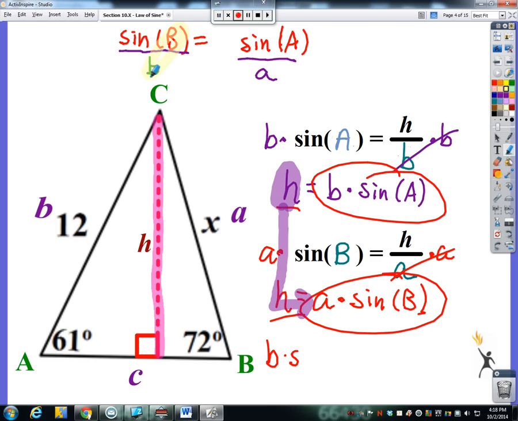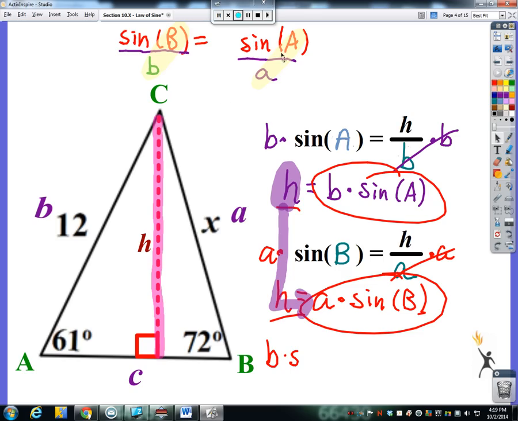Well, look, I've got angle B with side B on the same side of the equation, and I have angle A with side A on the same side of the equation. So here is really the law of sines. It's the sine of an angle divided by its opposite side, because side B was opposite angle B, is equal to the sine of a different angle divided by its opposite side, because side A is opposite angle A. So this is our shortcut that we can use.